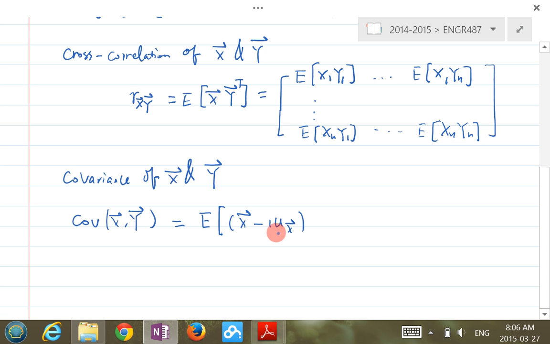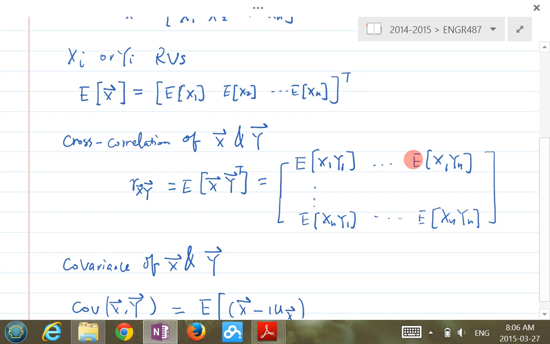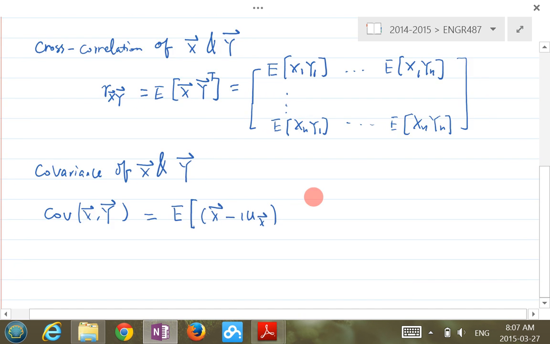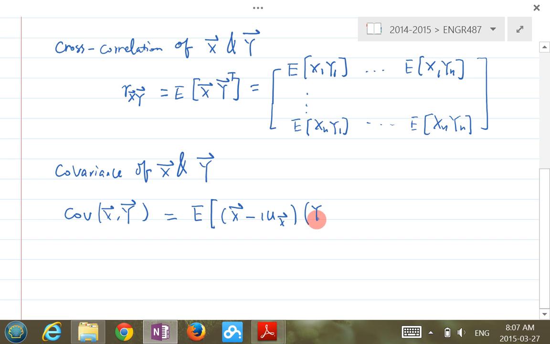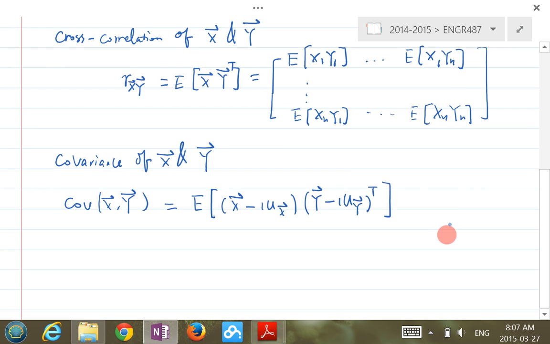The mu here is not just a single mean because it's a vector, so this is mu x, another vector. So this is the covariance for x and y.